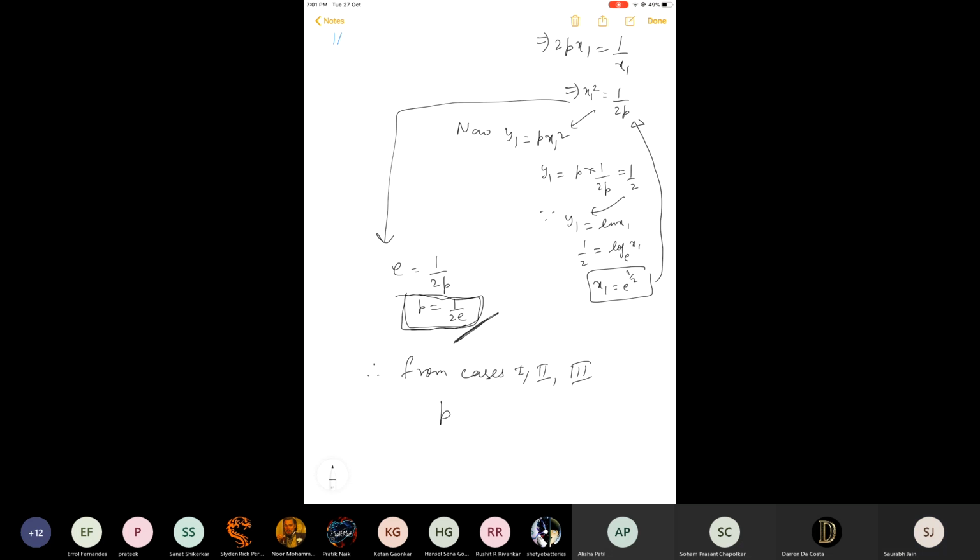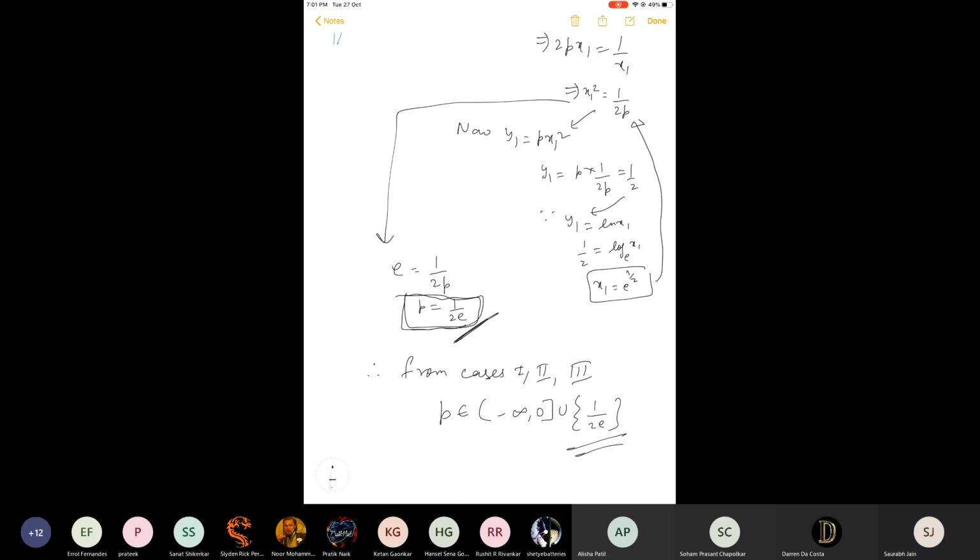So if you remember, we have discussed this point: of all the cases we take union, and within the case we take intersection. So based on that, the answer of this question is all negative p's and 0, and an individual positive value of p, that is 1 upon 2e. What is this e? This is Napier's constant. Its value is roughly 2.7. So that is the final answer.